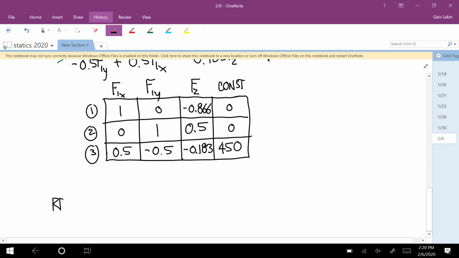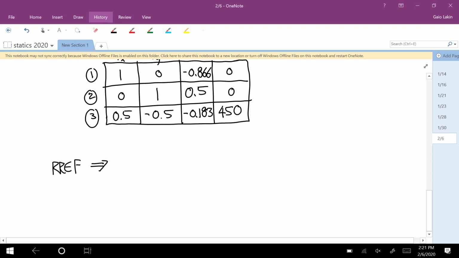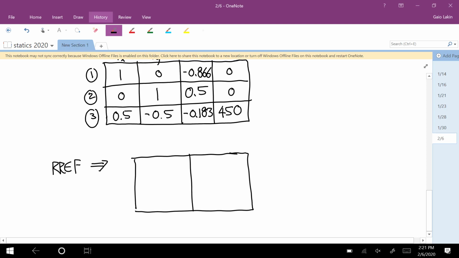And if you do reduced row echelon form, you get the same size matrix back, where these are 1s and 0s like this.